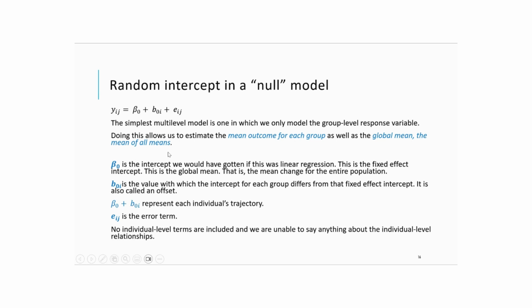Okay, however, we've said that people or observations can be grouped in clusters. And so you need to know how this cluster differs from the other cluster, from the other cluster, from the other cluster. And this is where you have your B0i. It is the value with which the intercept for each group differs from that fixed effect.